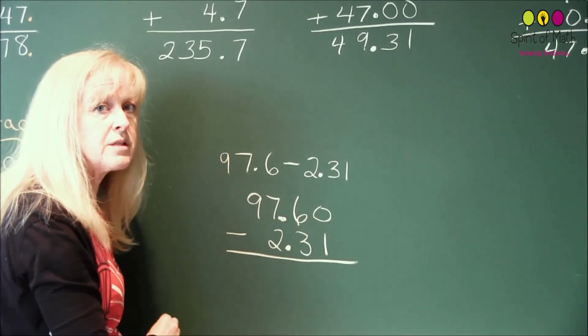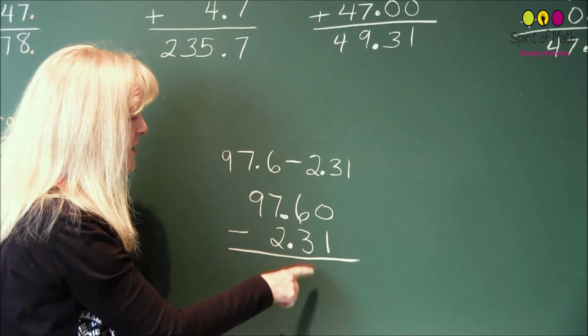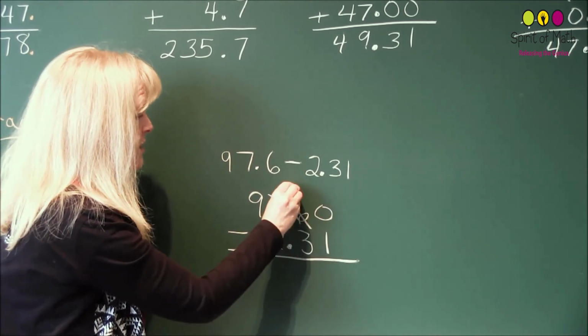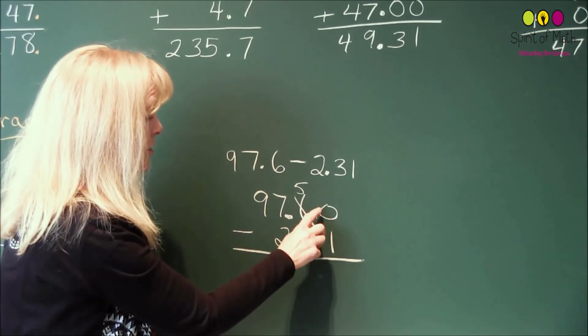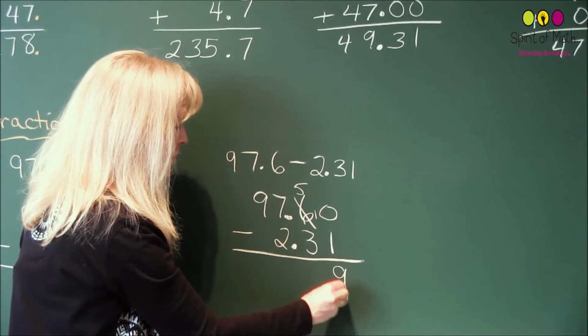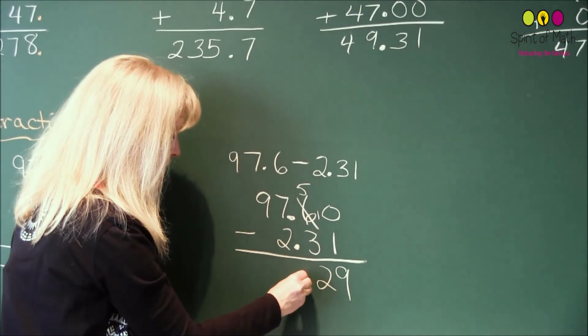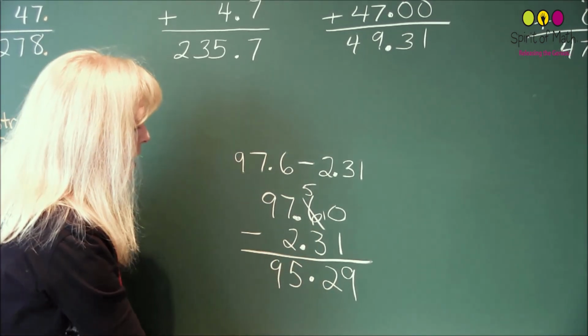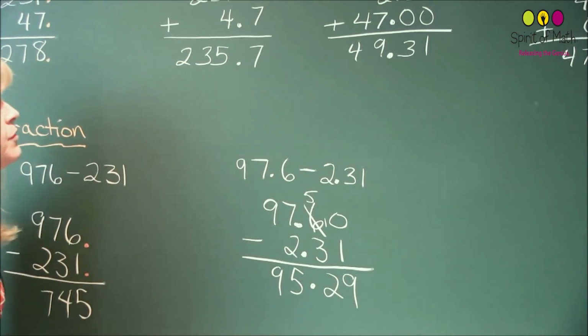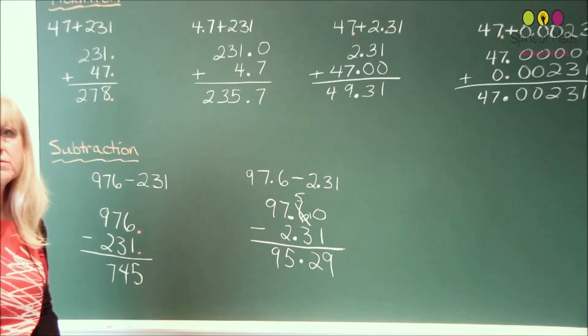So I'm going to put a place value there, and now I can subtract. I know there are different ways to subtract, but I'm going to use this method. And so I've got 9, 2, a decimal goes underneath, and then a 5 and a 9. And that's it for addition and subtraction with decimals.